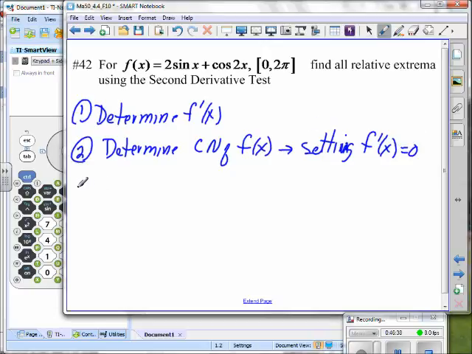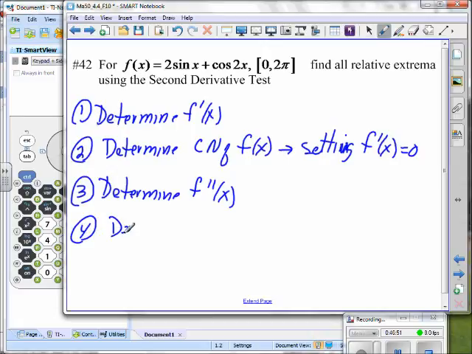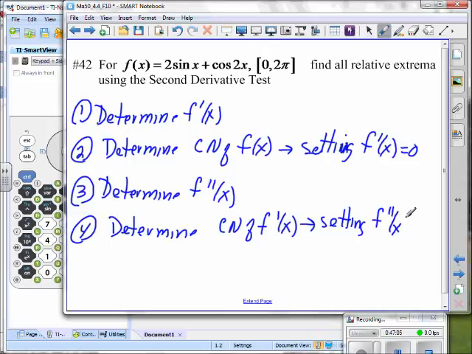What's the third thing we need to do? Find the second derivative. What's the fourth thing we need to do? Well, actually, it's critical numbers of the first derivative, by setting the second derivative equal to 0. What's the fifth thing we have to do?